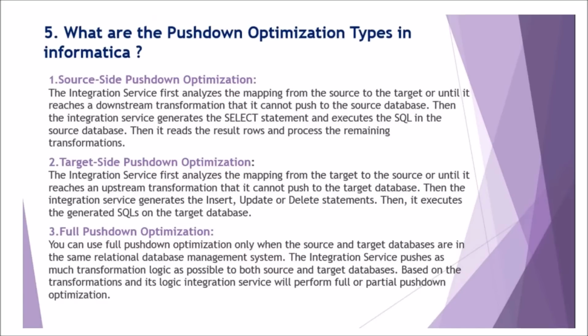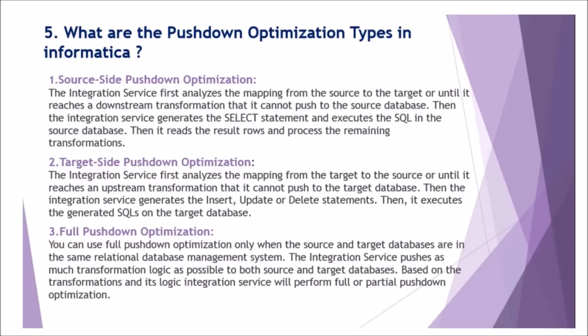In the second one, target-side pushdown optimization, the integration service first analyzes the mapping from the target to the source, or until it reaches an upstream transformation that it cannot push to the target database. Then the integration service generates the insert, update or delete statements. Then it executes the generated SQLs on the target database. And the third one is full pushdown optimization.